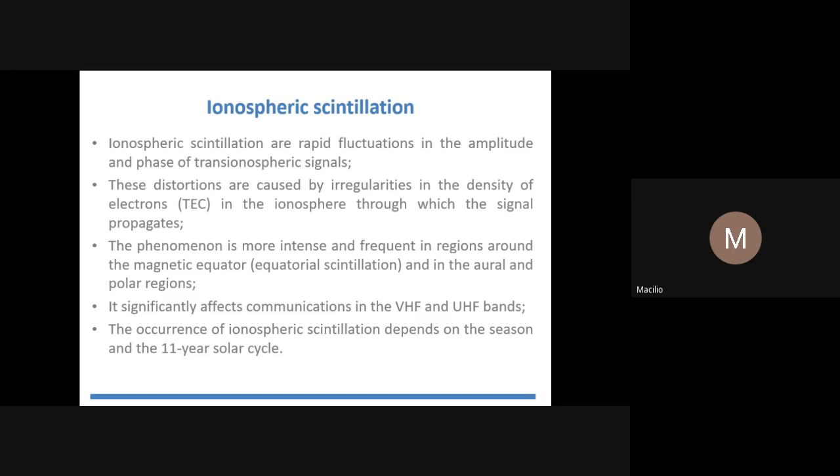This distortion is caused mainly by irregularities in the electronic density where the signal passes. Another piece of information: scintillation is more intense in the region around the magnetic equator and also in the polar regions.